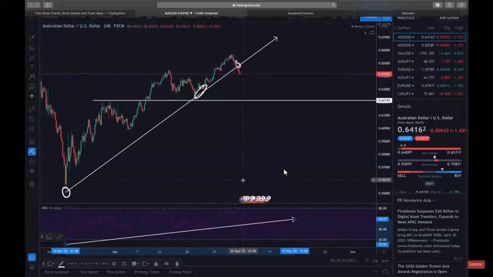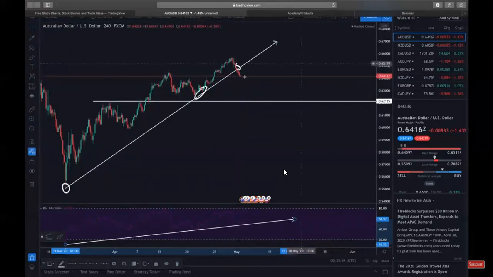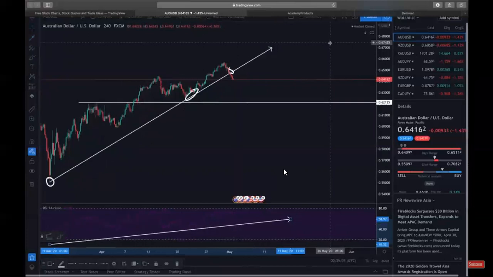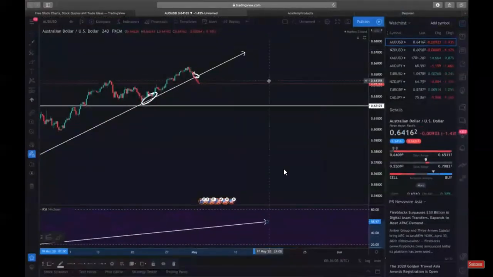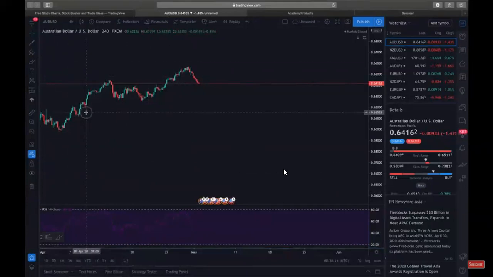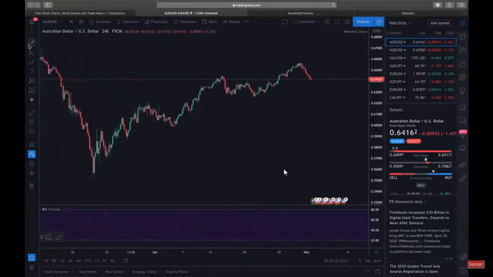Now, I just showed you two examples, and this is a 4-hour chart, so this is giving us a little bit more of a heads up, if you will, than the 15-minute was. One candle here is 4 hours. But again, on all of these trades, you have to watch these areas.